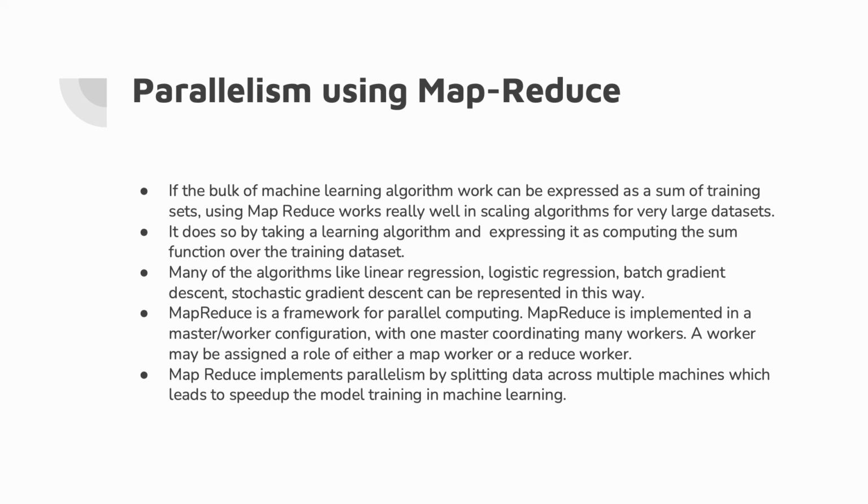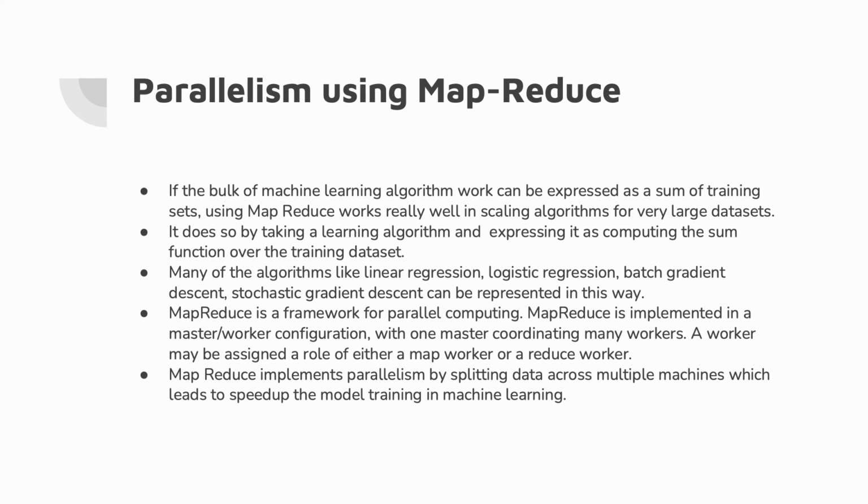If the bulk of a machine learning algorithm's work can be expressed as a sum over training sets, using MapReduce works really well in scaling the algorithms for very large data sets. It does so by taking a learning algorithm and expressing it as computing a sum function over the training dataset.